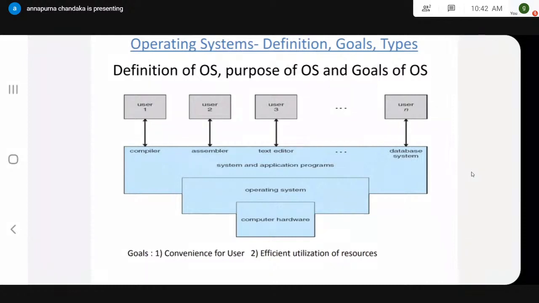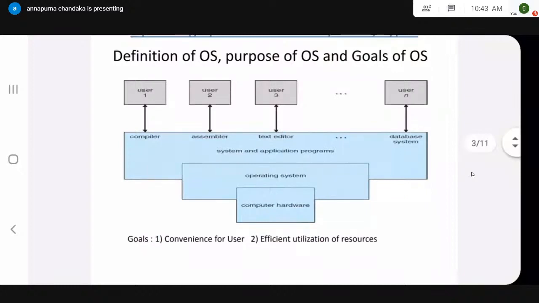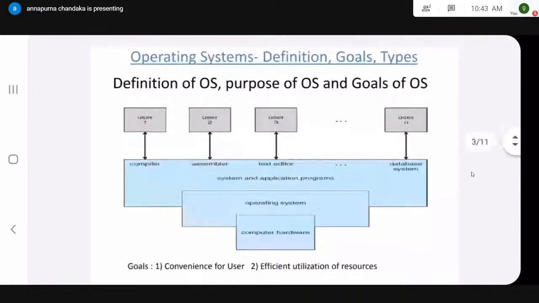Can a bike run without petrol? Yes, definitely. On a downhill road you can sit and enjoy the ride, and on an uphill road you just push it. So what is an operating system? It acts as an interface between the user and the hardware. This is the first definition.